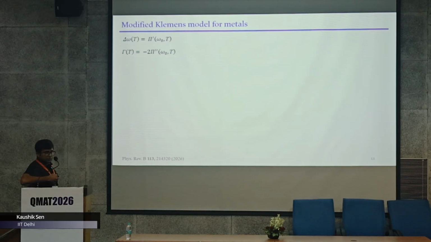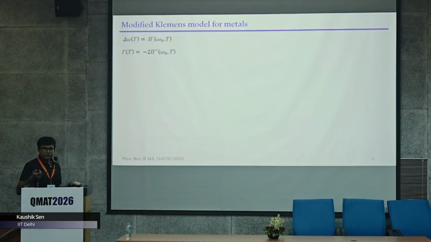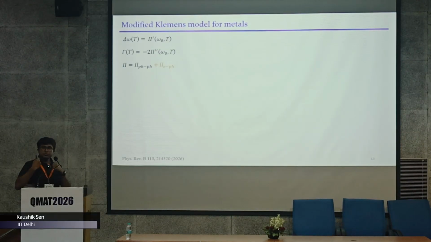We could not fit unless we paid attention to C and D, and then we found how to fit the data for metals. The frequency change depends on the phonon self energy, and the line width also depends on the phonon self energy. In the case of a metal, not only phonon-phonon interaction happens, but electron-phonon interaction also happens, so you have another self energy term coming into the picture.